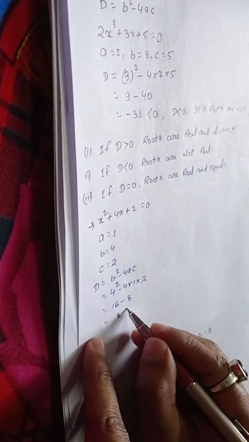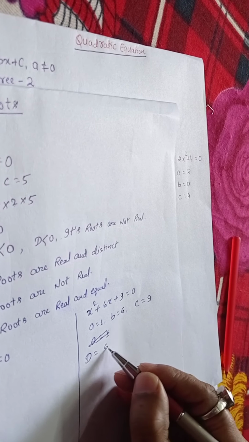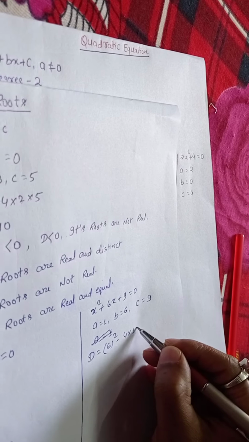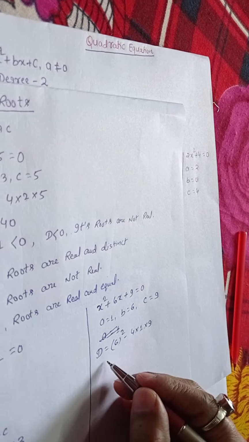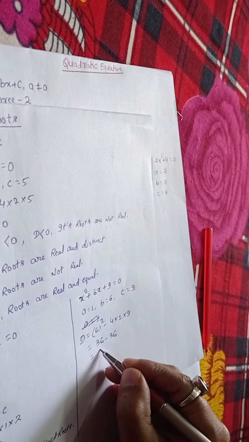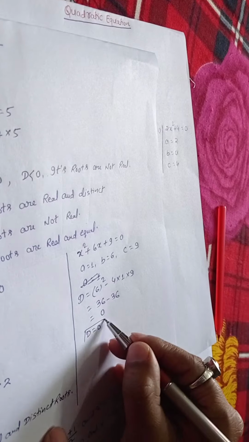So then put the values in D equal to b square, it means 6 square minus 4 into a into c. Let's see what happened. 36 minus 36, it is 0. It means D is equal to 0.